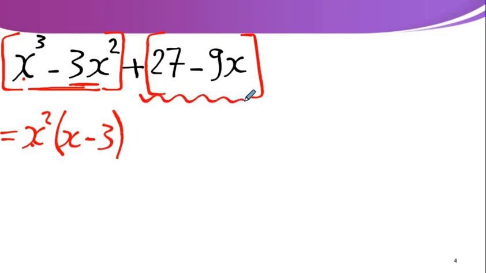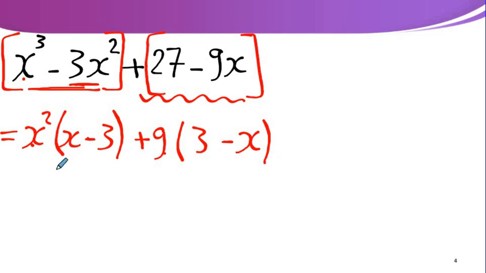The second group, 27 minus 9x, has a highest common factor. It's 9. So 9 here, open bracket. 27 divided by 9 equals 3. Negative 9x divided by 9 equals, yes, negative x.